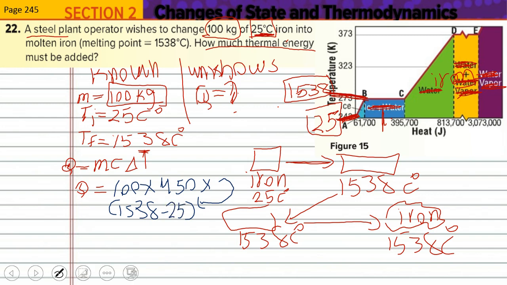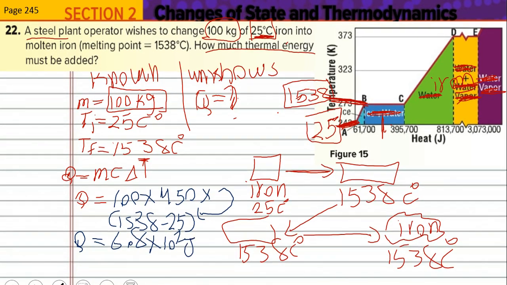This is the equation, and then Q, after solving it in the calculator, the answer would be 6.8 multiplied by 10 raised to 7 joules.